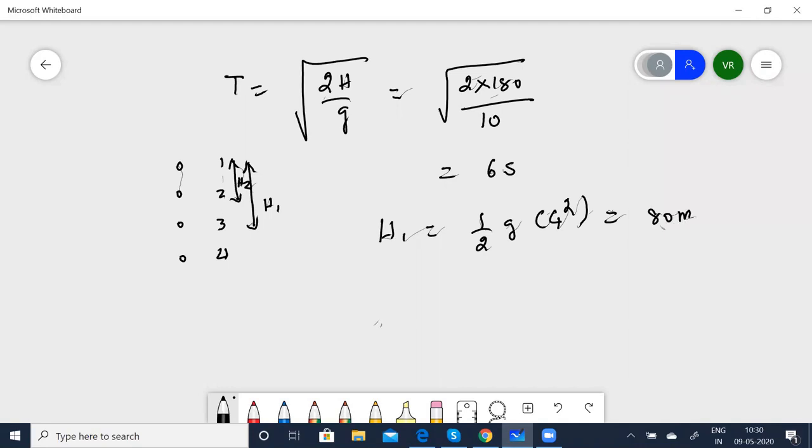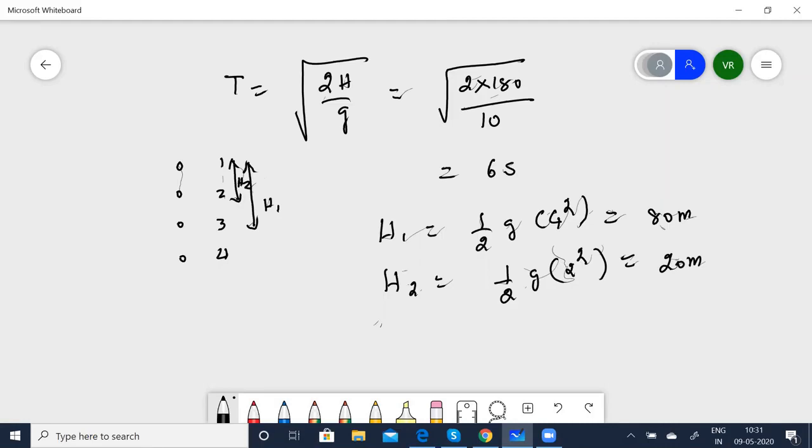In the same way, for the second, it is 2 seconds, so h2 is half g into 2 squared, which gives you 20 meters.